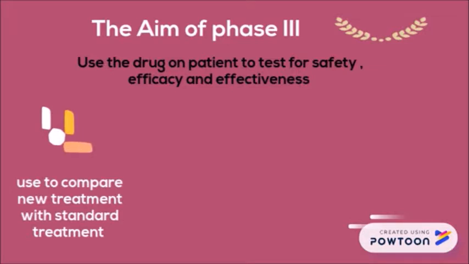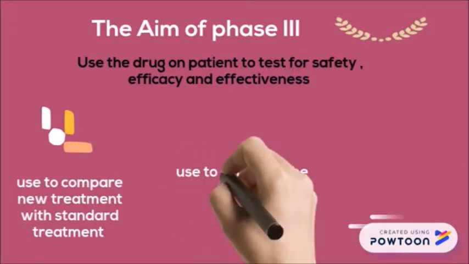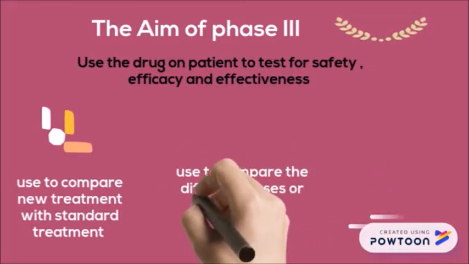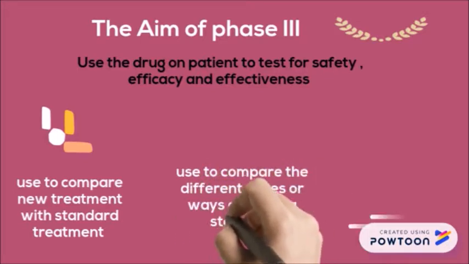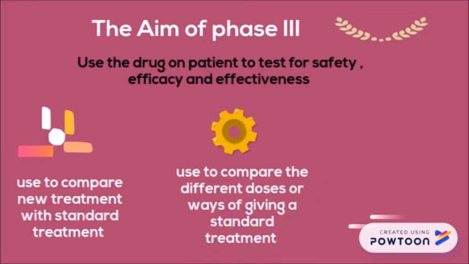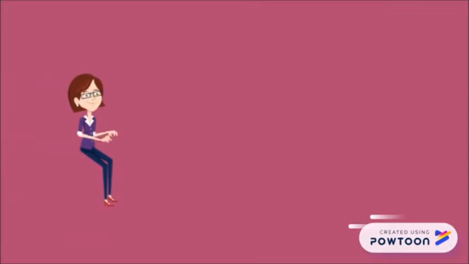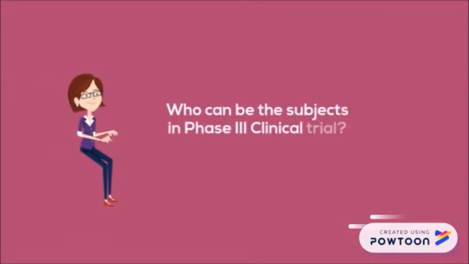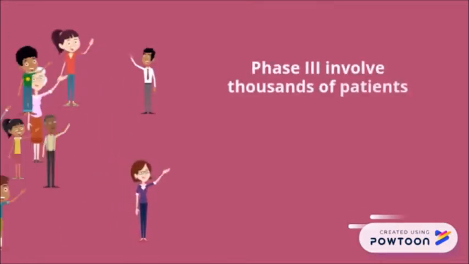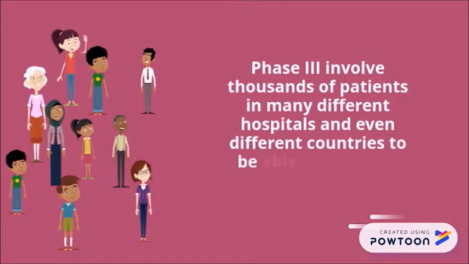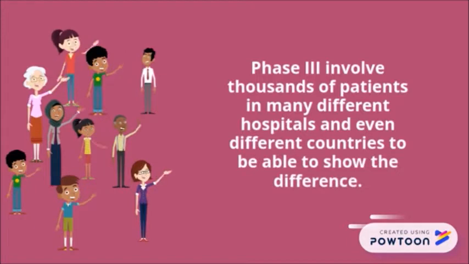Besides that, it is also used to compare different doses or ways of giving a standard treatment. So now, who can be considered the subjects in phase 3 clinical trials? Phase 3 involves thousands of patients in many different hospitals and even different countries to be able to show the differences.